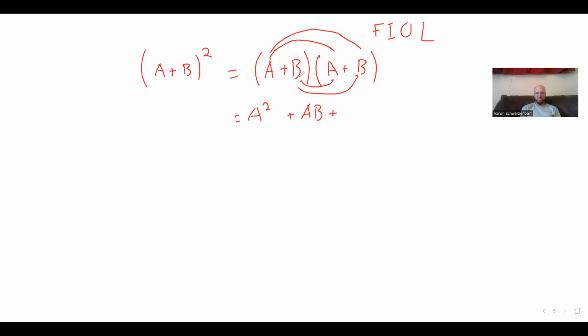So if you FOIL backwards, that's fine. But the order that I put these in matters. I'll erase this and draw it in. So here I did A times A is the first one.